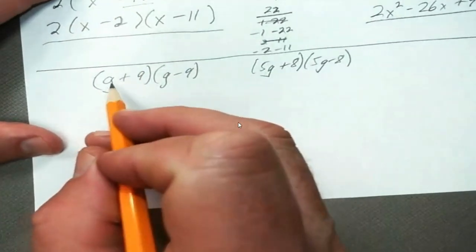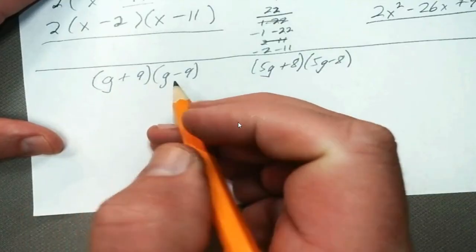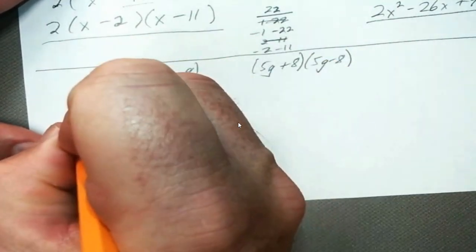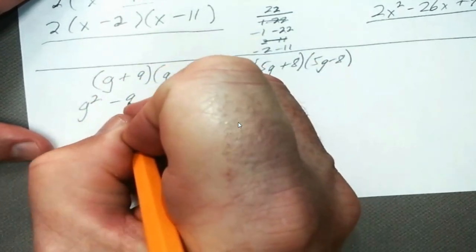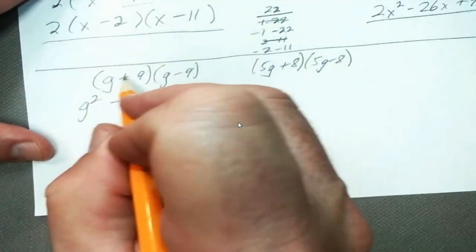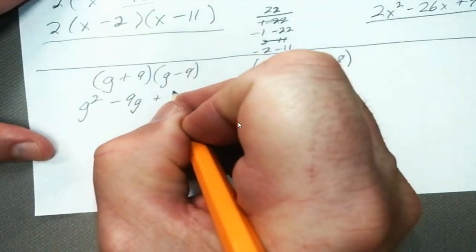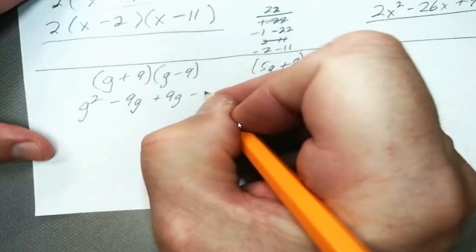If we have g plus 9 and g minus 9, g times g, so distributing, we got g squared. Then g times negative 9 is negative 9g. Okay, then we distribute the 9 to both of those. 9 times g is positive 9g. 9 times negative 9 is negative 81.